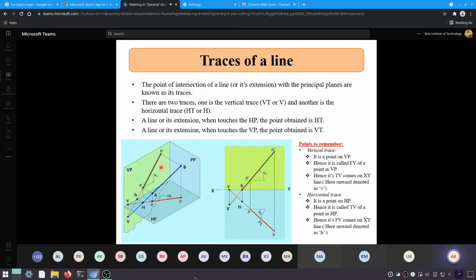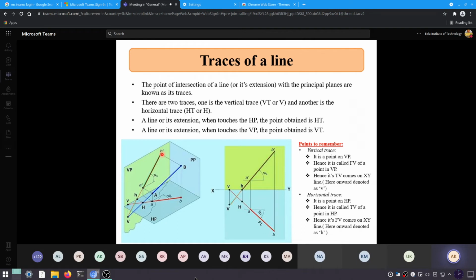Whereas your front view will give you the true inclination. So in that case, our true inclination and apparent inclination are the same, when a line is parallel to one plane and inclined to the other plane.